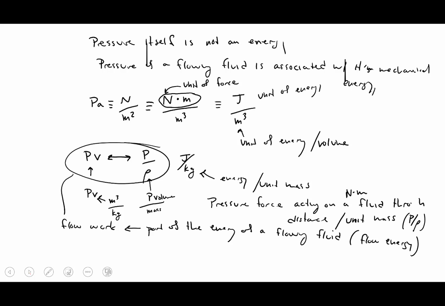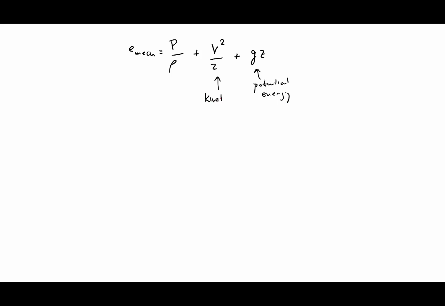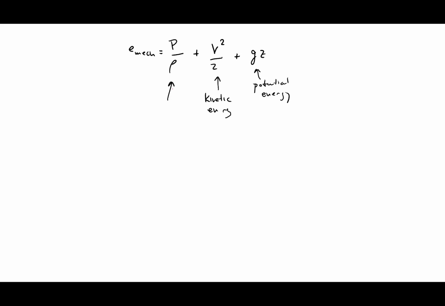So now let's look at the mechanical energy of a flowing fluid. The mechanical energy of a flowing fluid is equal to the flow energy, P over rho, plus the kinetic energy, V squared over 2, plus the potential energy, gz.